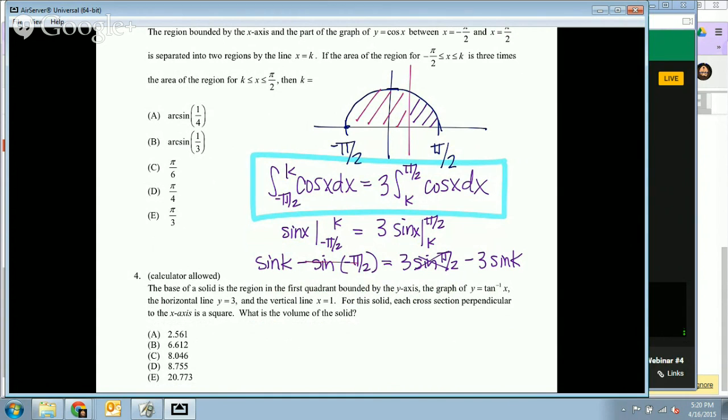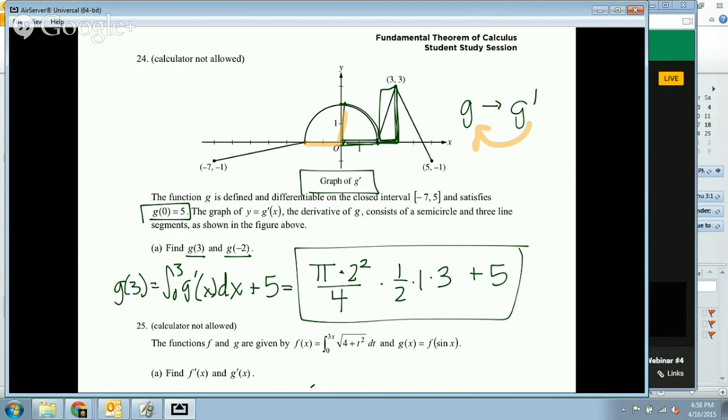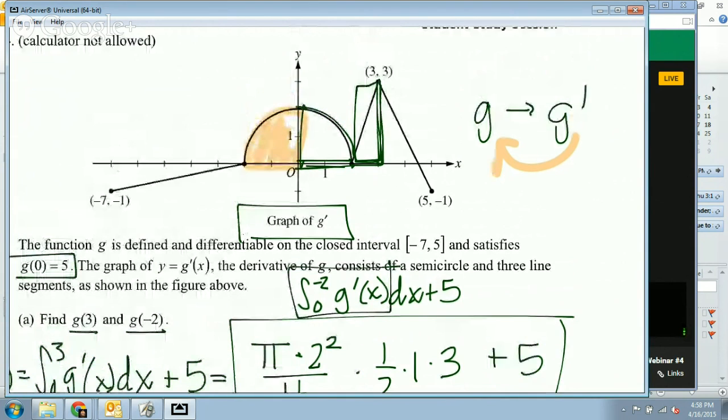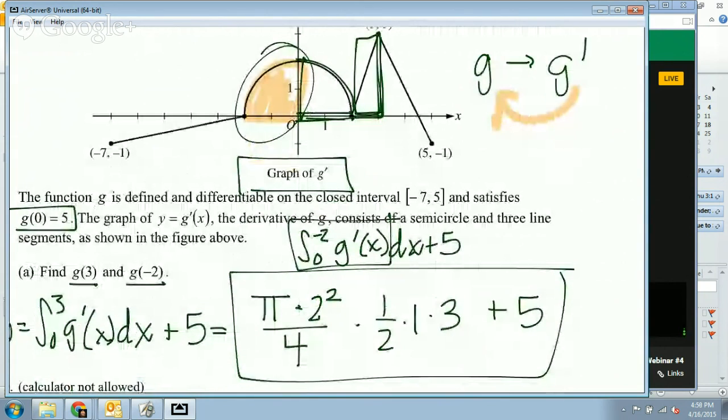You think of this piece here as the plus 1. And I'm this area right here. But keep in mind, I'm taking my integral from 0 to negative 2. So if I want to change it, 0 to negative 2 of g prime of x dx plus 5, I'm going to make sure I keep in mind that this area right here, even though it's above the x-axis, since I'm going backwards, it's going to be a negative area.